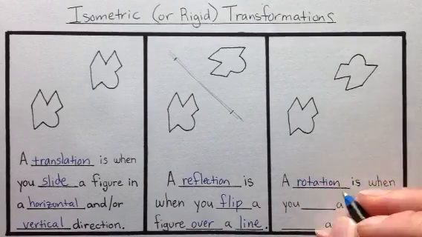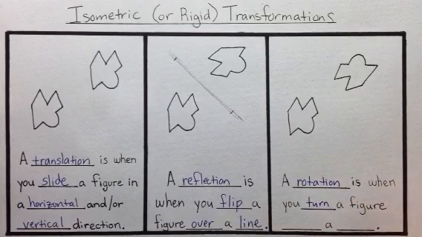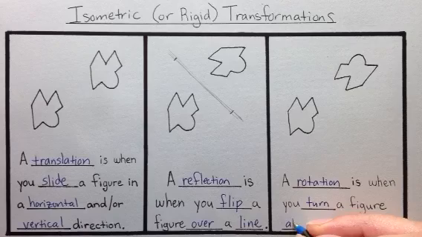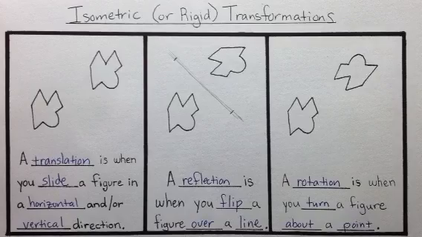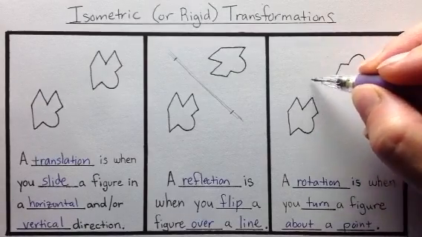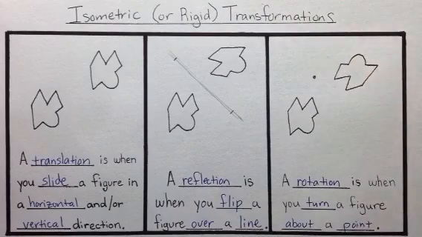Alright, my last example here is a rotation. A rotation is when you turn a figure, and you turn it about a point. So I'm going to estimate about where I think this point of rotation is, and this is just from a lot of practice. I'm thinking about here. Let's see how close we are.